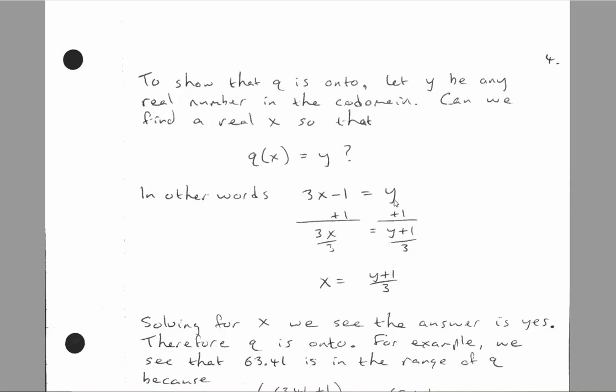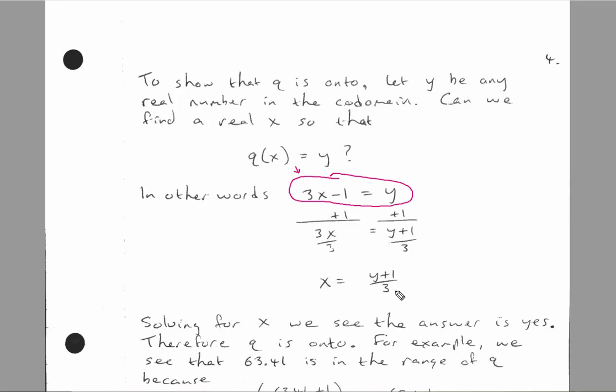So what x makes this true? Yes, add 1 to both sides, divide by 3. Alright, so we're just starting with this equation, which comes from this, and solving for x.